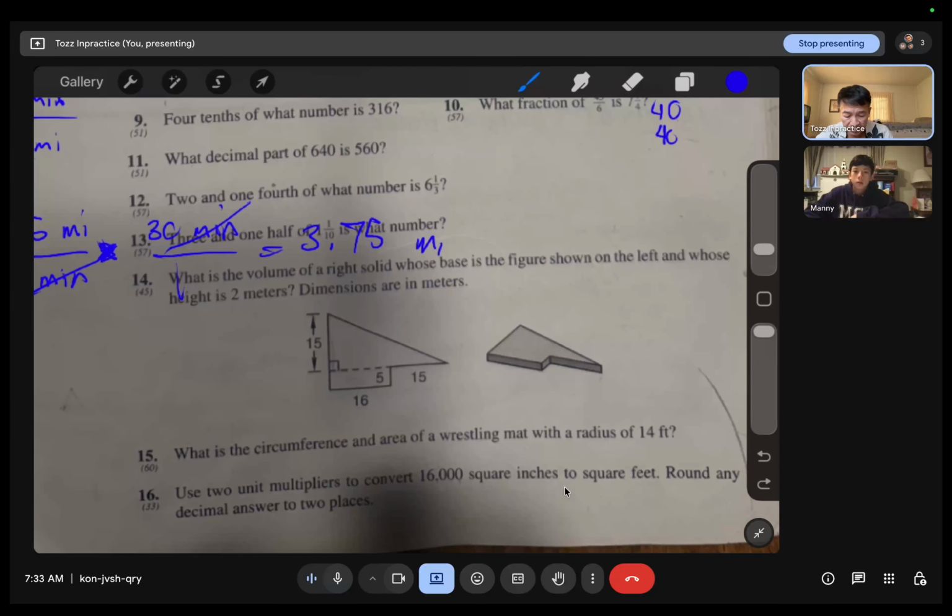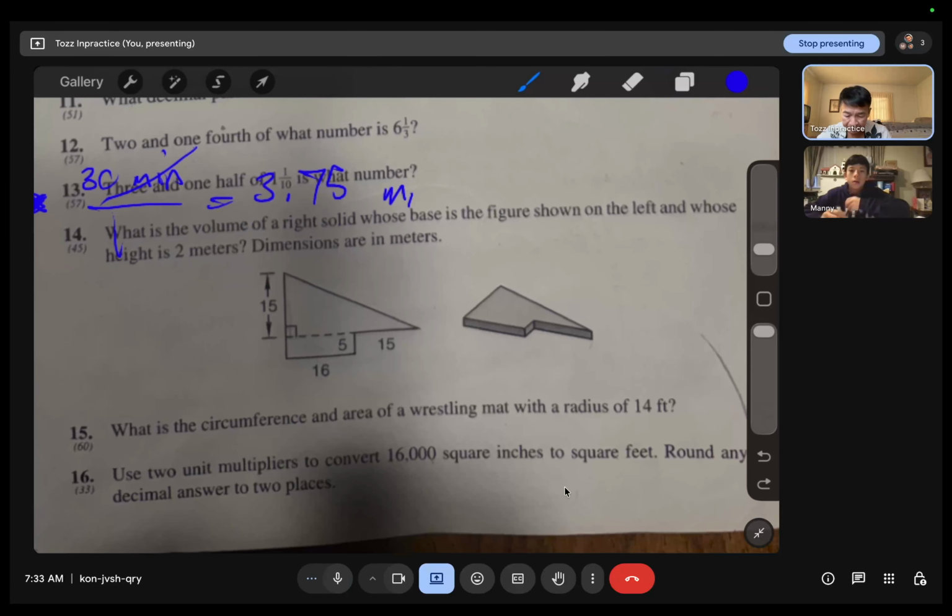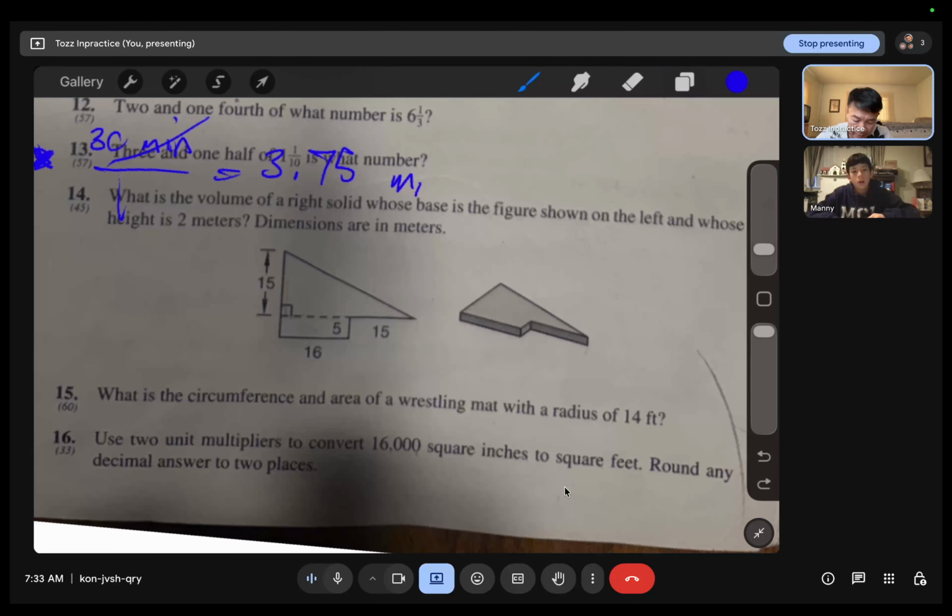What is the volume? Okay, this one. I think you're good, but let's talk about it. What is the volume of the right solid in this particular one? And the top looks like that, right? Or the bottom. And the height is 2 meters here.